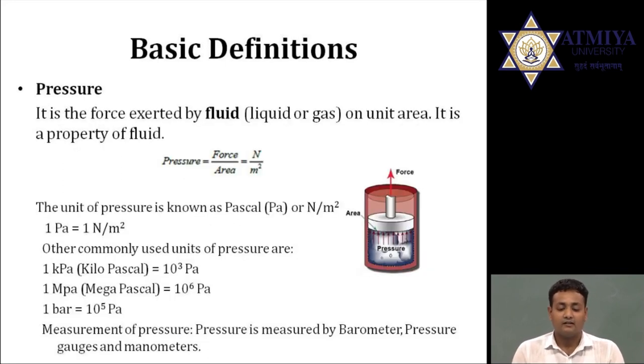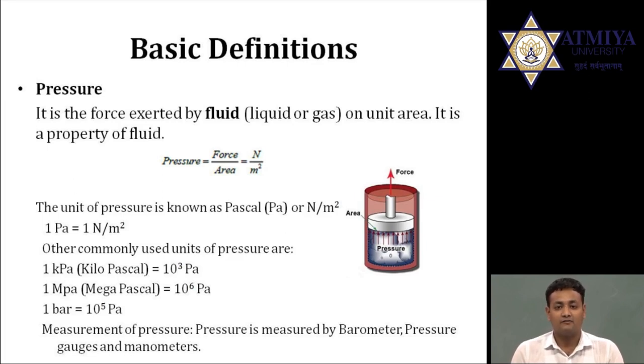Pressure. Now the pressure is a force exerted by a fluid body. Fluid body means liquid or gaseous. If there is a solid body, then it is known as stress. But if the fluid body is there, then it is known as pressure. The unit of pressure is Pascal.